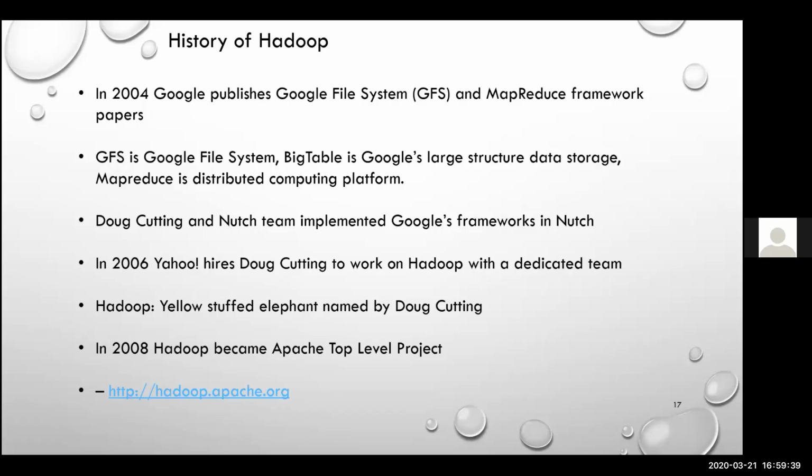So GFS is called the Google File System. Here we'll say Hadoop Distributed File System. By the way, I hope everybody understands the role of a file system in a computer operating system.